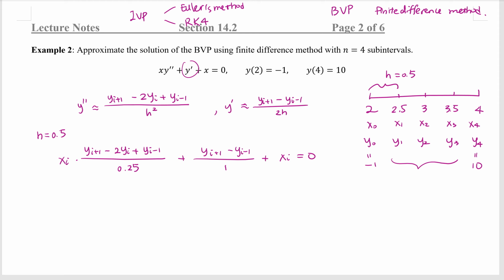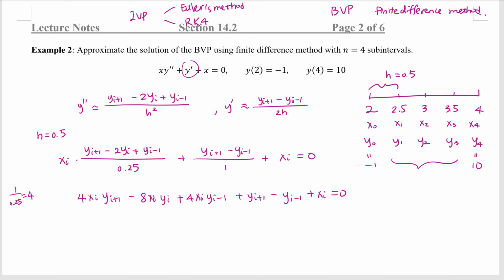Next, do you know what 1 over 0.25 is? That is actually 4. So we can distribute it. We get 4xi y(i+1) minus 8xi yi plus 4xi y(i-1), plus y(i+1) minus y(i-1) plus xi equal to 0.